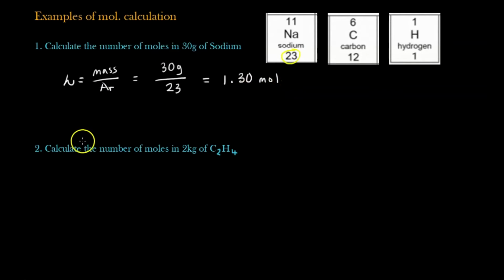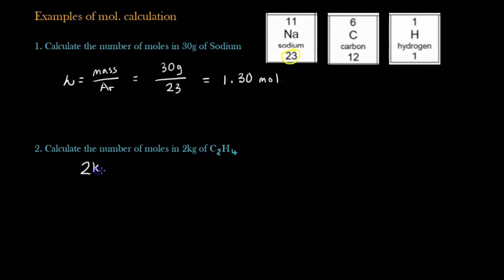What about the second one? Calculate the number of moles in 2 kg of C2H4. This is ethene gas, which we learned about in organic chemistry. Let's not write the formula first, because this formula requires my mass to be in grams.